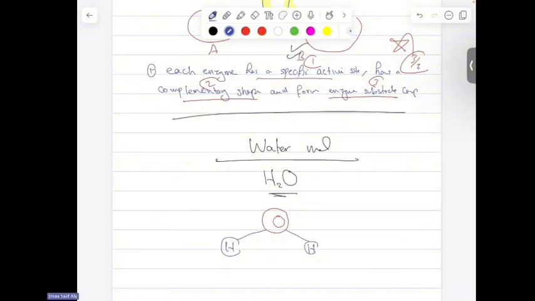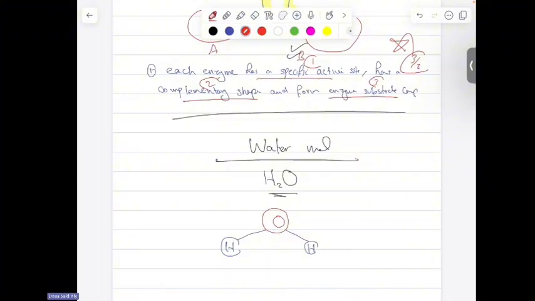What about the charges on the oxygen and the charge on the hydrogen? By distributing the electrons around the nucleus, you will observe that the density of the electrons around the oxygen is higher than the density of the electrons around the hydrogen.